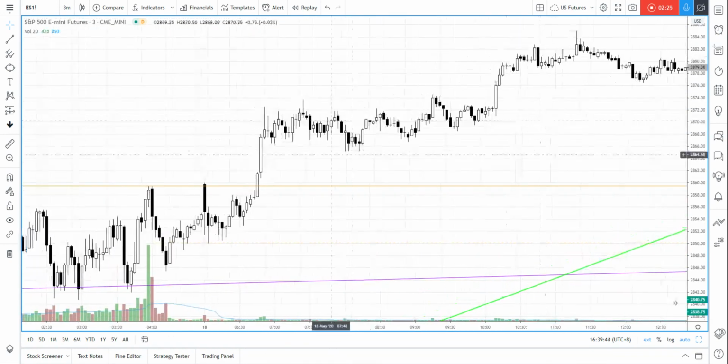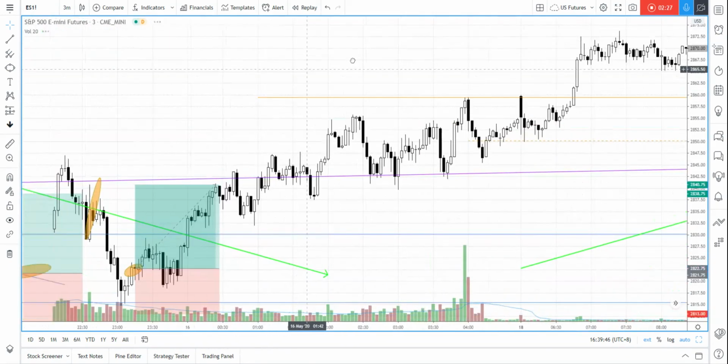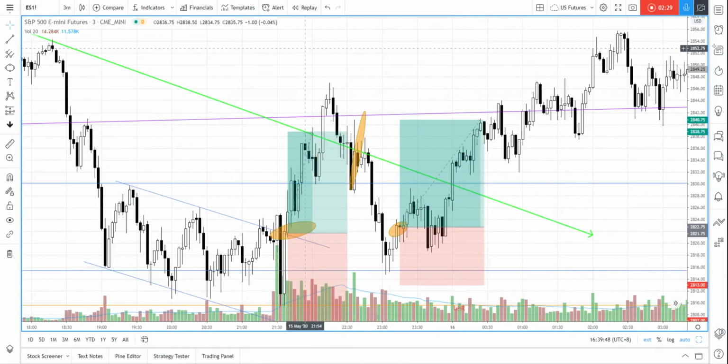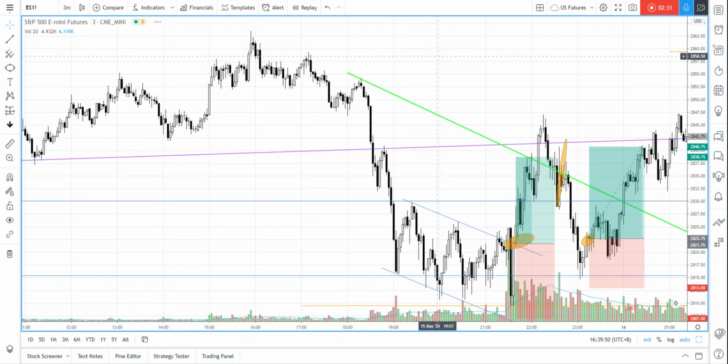Okay, let me get back to the Friday session. You can see that just prior to the opening, we have a sell-off in the London session, a pretty big sell-off all the way from 2850 to about 2815, which is one of the key levels that I pay attention to.